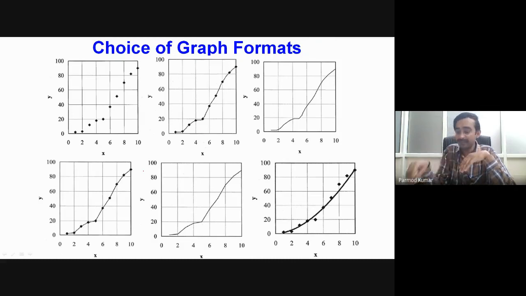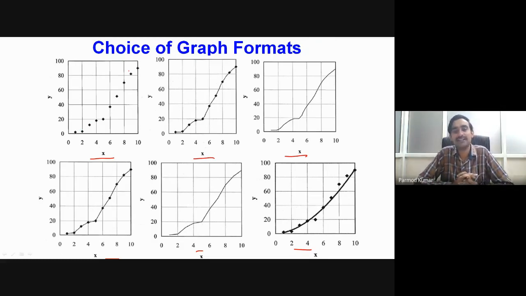I have included here 6 different graph formats. For each of these graphs we have the same set of data, but it is represented in different ways. In the first graph, we have only represented the scatter points where our actual measurements were taken.